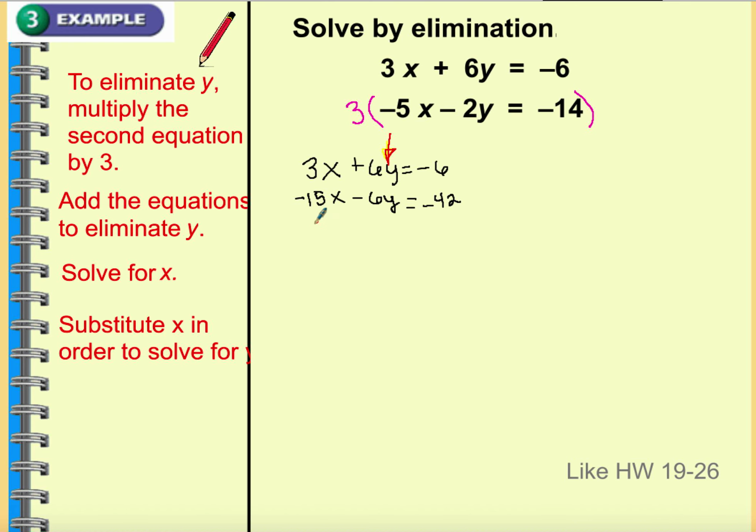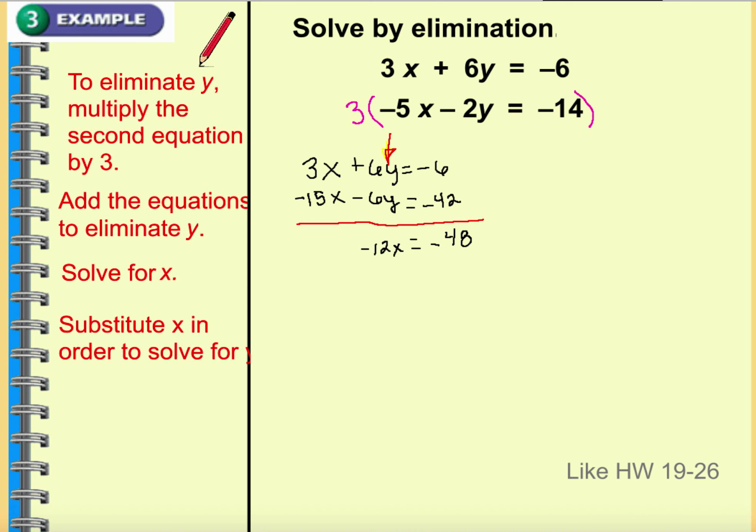And so I'm going to, like old school, elementary school, just add up my columns here. So I've got now negative 6 plus negative 42. That is going to give me negative 48. I've got 6y and negative 6y, that's 0, I don't need that. And 3x and negative 15x is going to give me negative 12x.